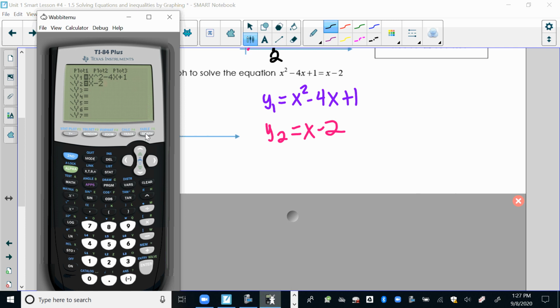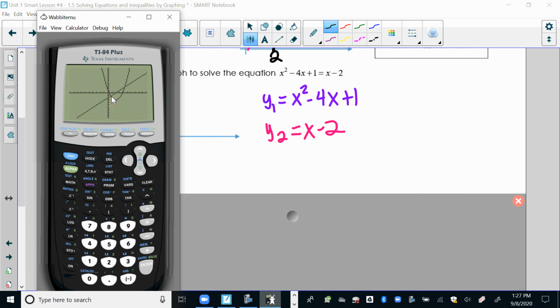I'm going to reset my window back to the 10 by 10. To set your window back, you hit zoom right here in the top middle, and then Standard, option 6, which resets it back to that 10 by 10. So there's our quadratic, and there's our linear equation.